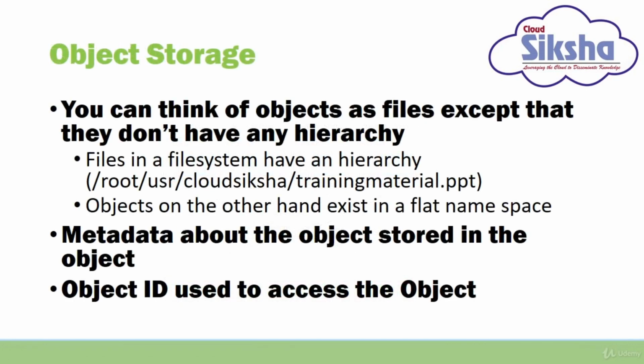Then we come to the object storage. Object storage is slightly different from the file and the other storage that we mentioned till now. Now this is a storage which cannot be attached. Now in the first three cases, that is in direct attached storage, we attach the physical storage directly to the server.